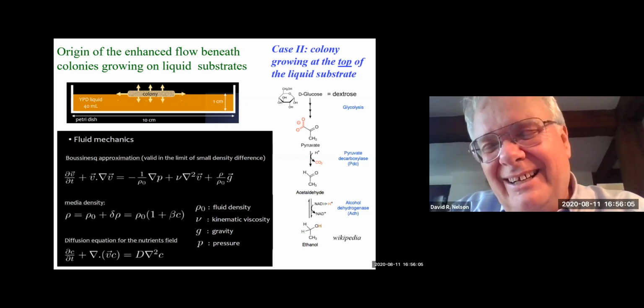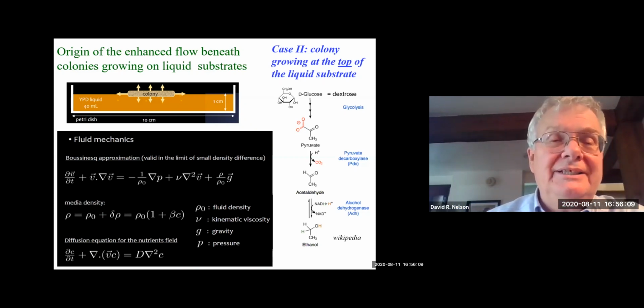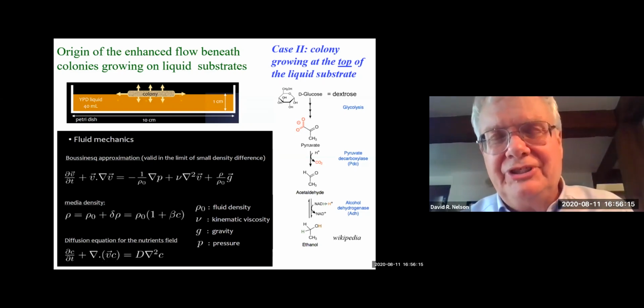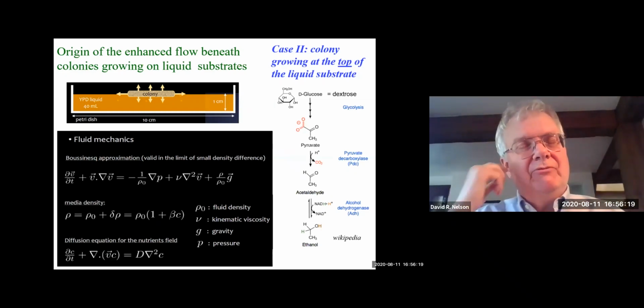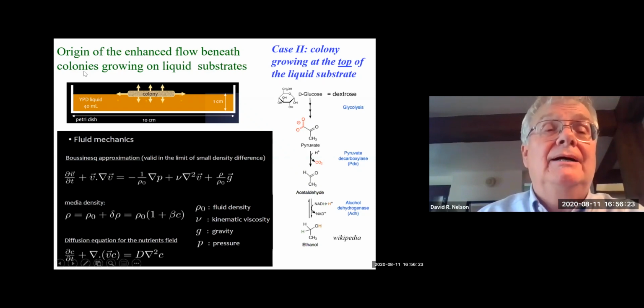Why do I say that? After you run the experiment, if you let the colony suck all the nutrients out of this YPD liquid, you'll find that it's about 1.5% lighter than it was before you let the metabolism take place.